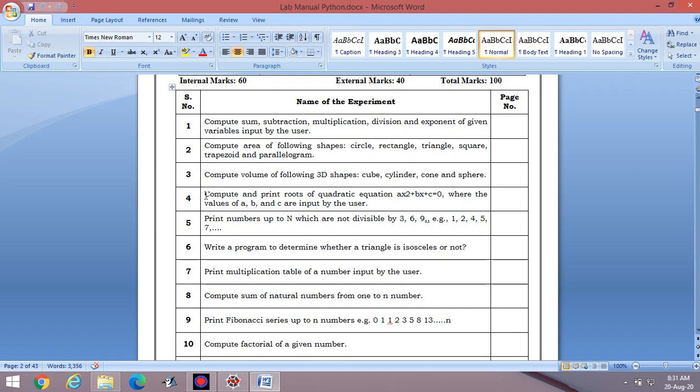I will discuss the fourth program today: compute and print roots of the quadratic equation ax square plus bx plus c is equal to 0, where the values of a, b and c are input by the user. This one is the program.